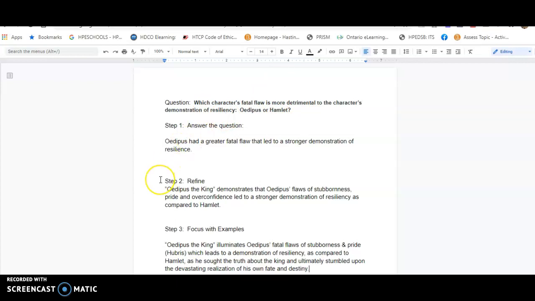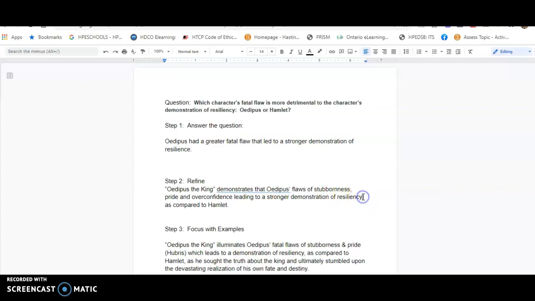So the second step was to refine it, to add in more details and to ensure that we're providing details specific to these components and answering the question. So in that revision, I came up with: Oedipus the King demonstrates Oedipus's flaws of stubbornness, pride, and overconfidence, leading to a stronger demonstration of resiliency as compared to Hamlet.